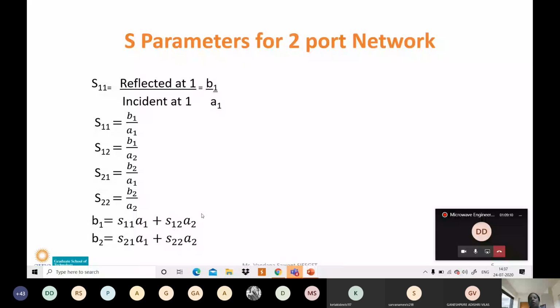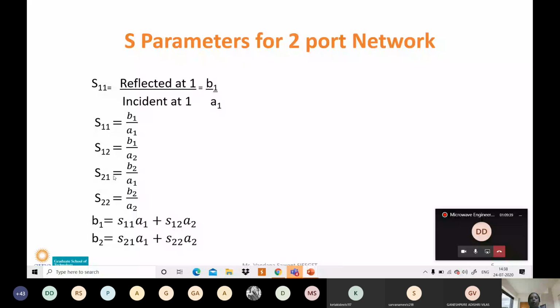For that we are just writing the parameters which are causing this B1, that is, the output B1 is due to which parameters, that we are only equating. Like B1 is due to S11 A1 and B1 is also due to S12 A2. So we are just writing S11 A1 plus S12 A2.